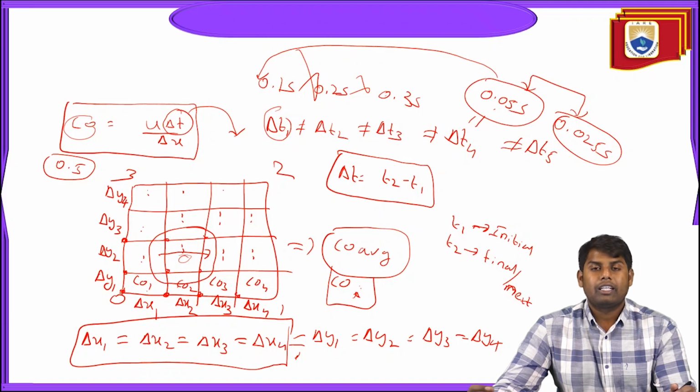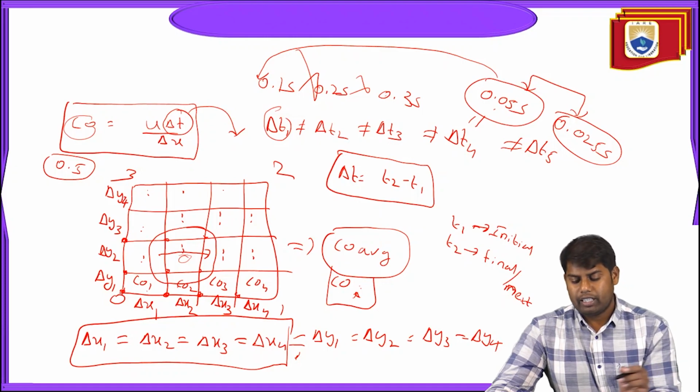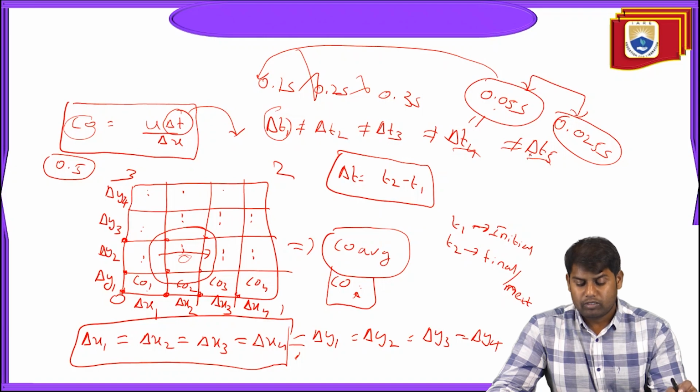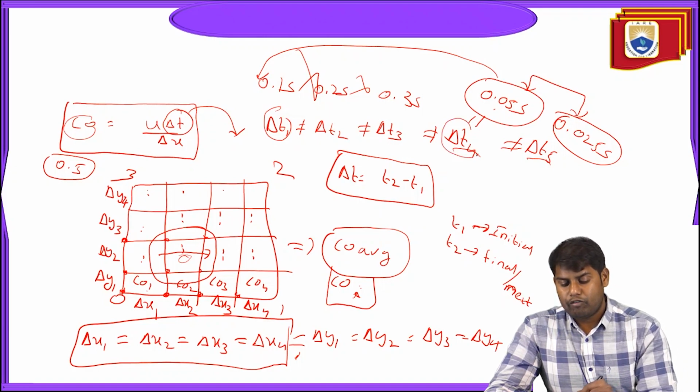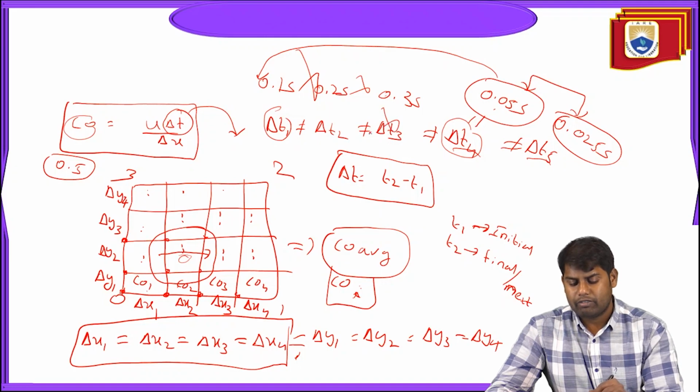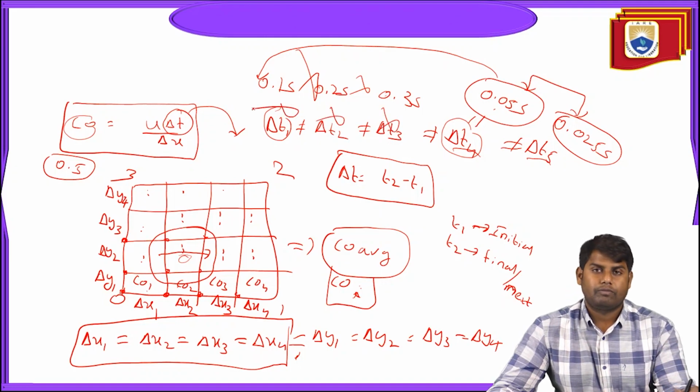When the numerical results are changing with respect to time step, you cannot use those time steps or delta t's. When the numerical simulation results are not changing, or let's say delta t4 and delta t5 we have, if the results for delta t4 and delta t5 are nearly equal, we take delta t4 as our time step. So we will neglect this one and this one.